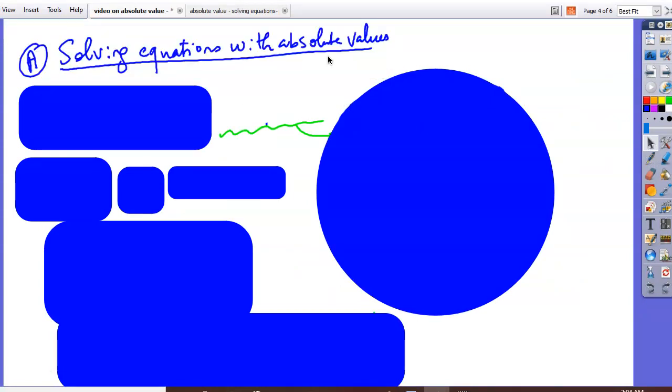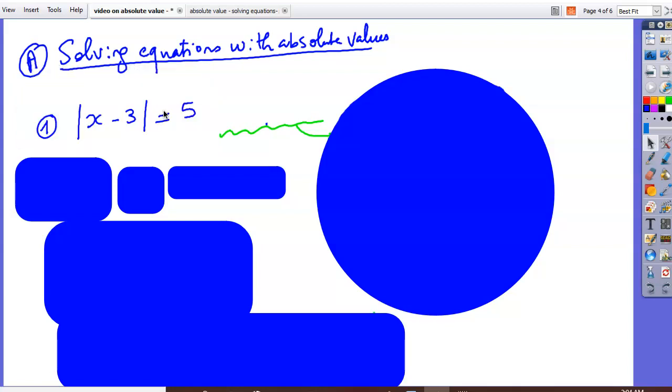Now let's solve equations with absolute value. We'll start with the absolute value of x minus 3 is equal to 5. What do you understand by this equation? We want to have the quantity x minus 3 at 5 units from 0.